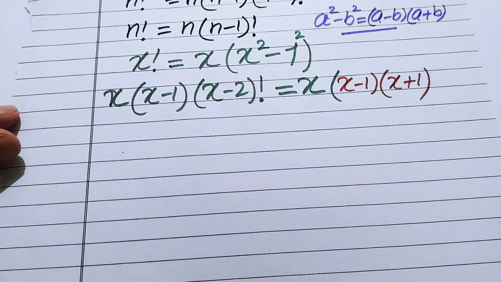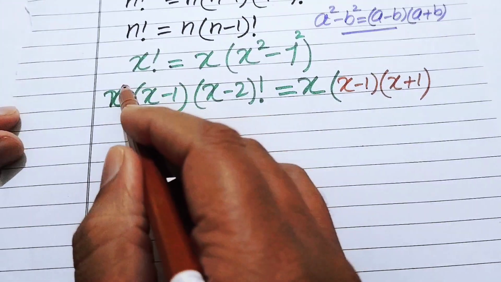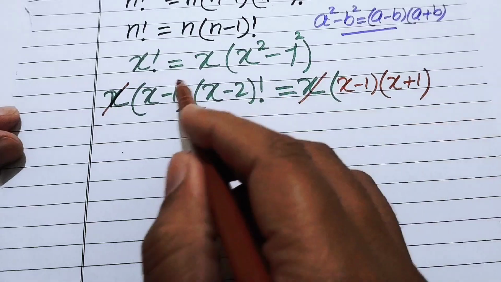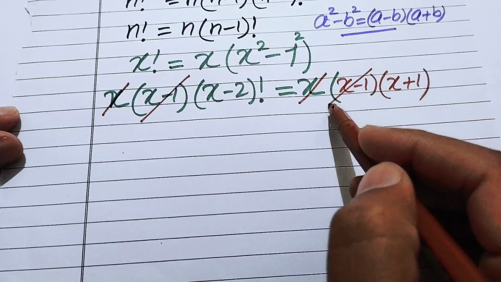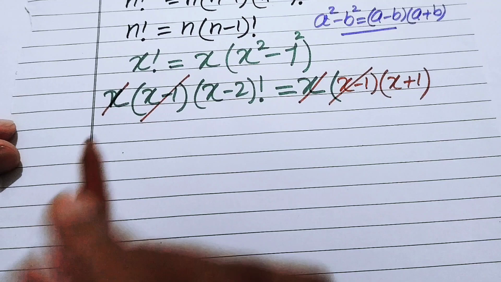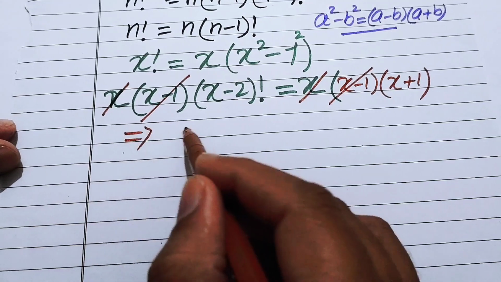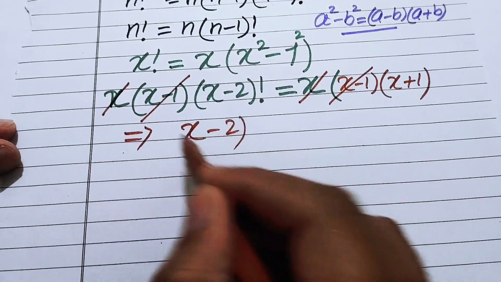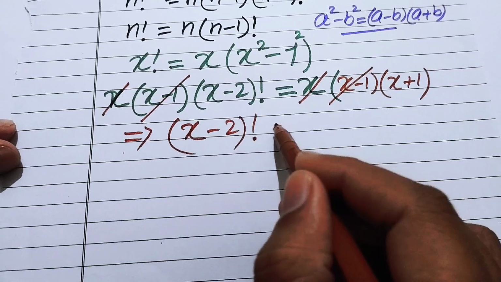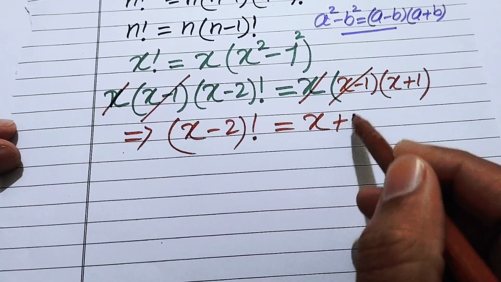Now focus on both sides, and you see that this x and this x are gone, and x minus 1 and x minus 1 are gone, and here we obtain x minus 2 factorial equals x plus 1.